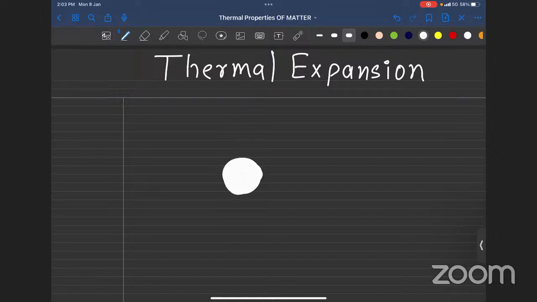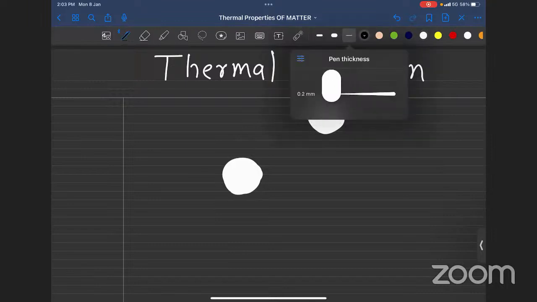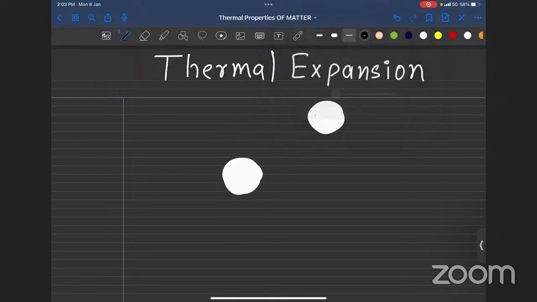And one more sphere. Suppose the diameter of this sphere is d2 and the diameter of this sphere is d1. And these are basically in a metal sheet.